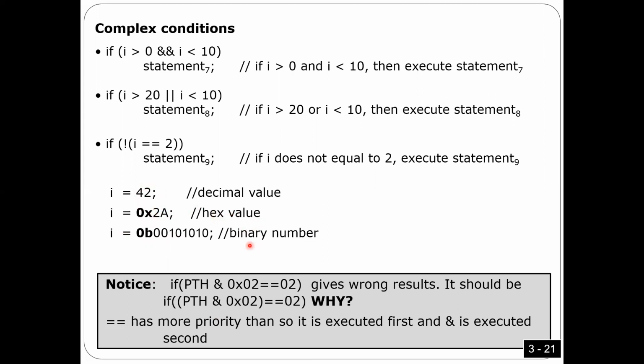If the number is binary, you put 0b, which is similar to the percent sign in assembly. If you put nothing, it is a decimal value. Now you know how to express numbers in decimal, hexadecimal, and binary in C. It's the same as assembly, but with a different prefix.